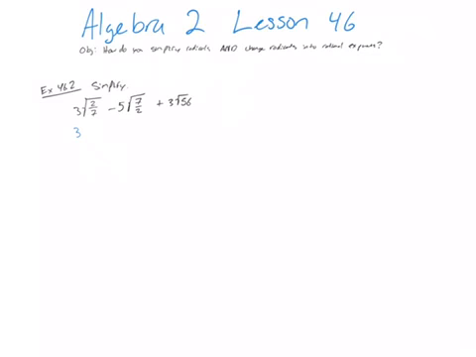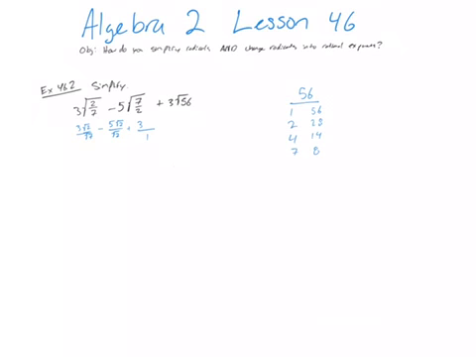We'll remember that this is the same thing as 3 square roots of 2 over the square root of 7 minus 5 square roots of 7 over the square root of 2 plus 3, this is going to be over 1, let's see, about 56.